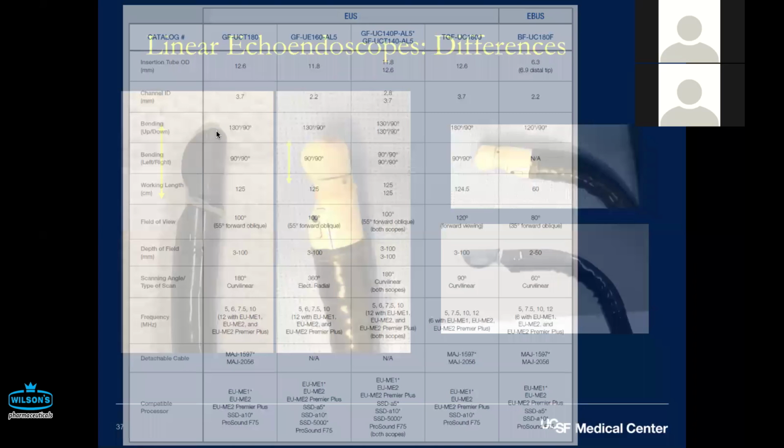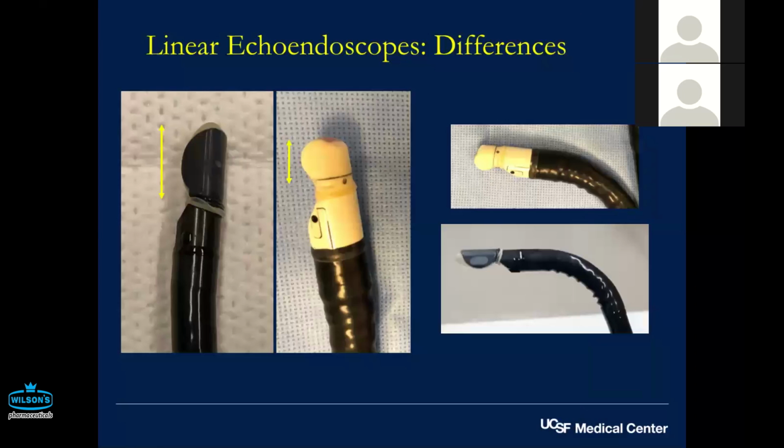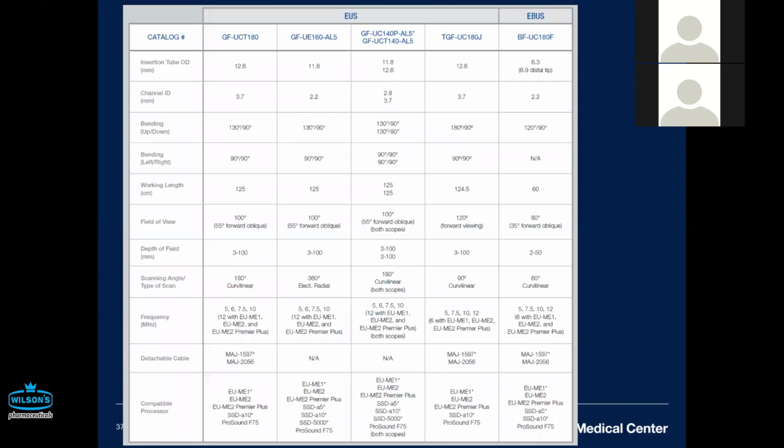So one has to be careful with that. And simply by going to the company's website, you can figure out the various scope configurations, outer diameter, inner diameter, working channel, etc., for understanding the different types of scopes. Also, you can get the frequency and the compatibility with the different equipment that they produce.